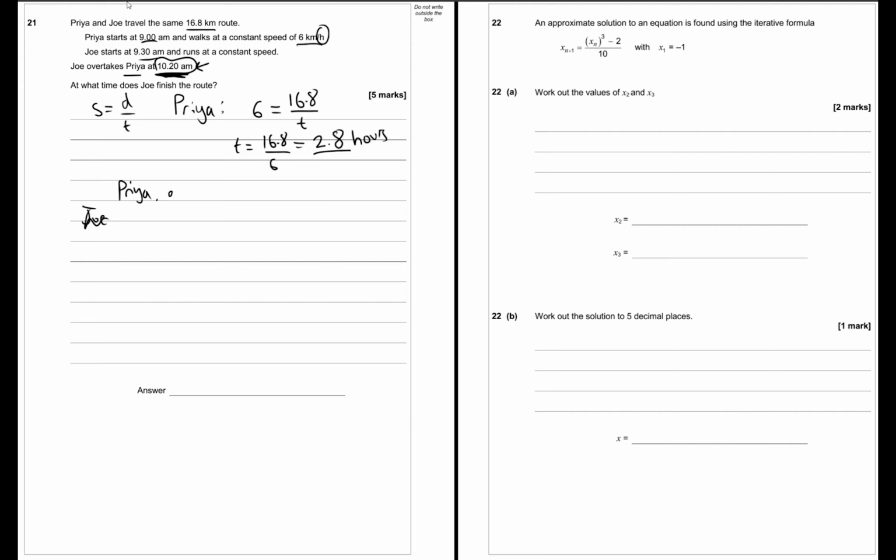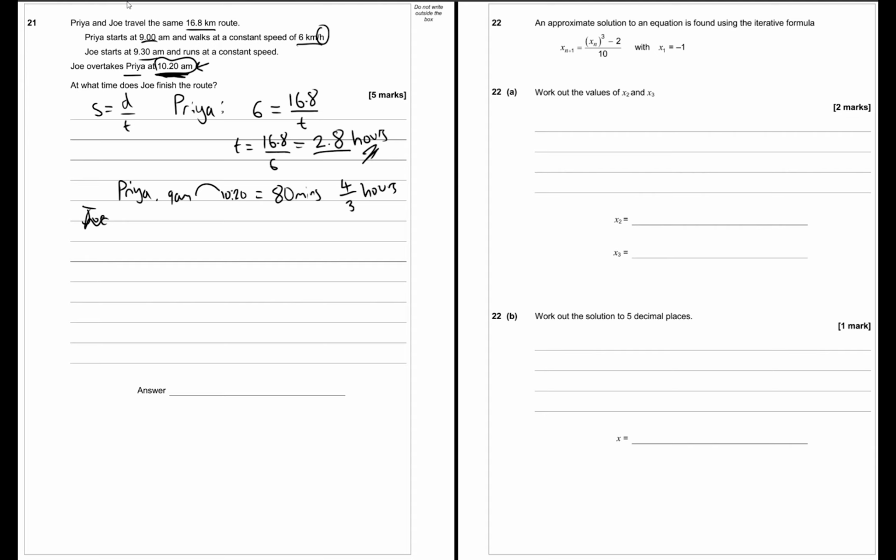So from 9 AM to 10:20 is 80 minutes. Or let's keep it in hours because that's what we're working in up here. That is equal to 4 over 3 hours, or an hour and 20 minutes.